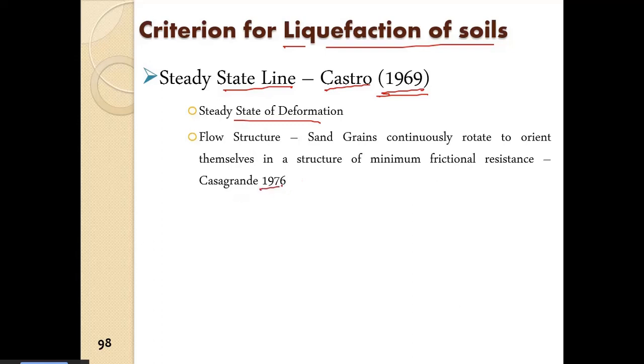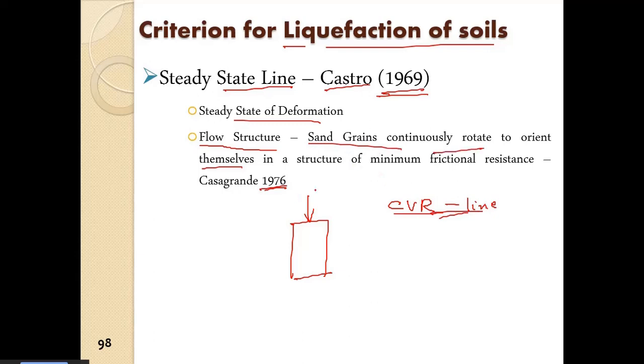Casagrande in 1976 said that when there is liquefaction, there is actually a flow structure being developed in the soil. The sand grains continuously roll or rotate to orient themselves in the structure of minimum frictional resistance. When he did the triaxial test to obtain the critical void ratio line, this particular factor was not taken into consideration.